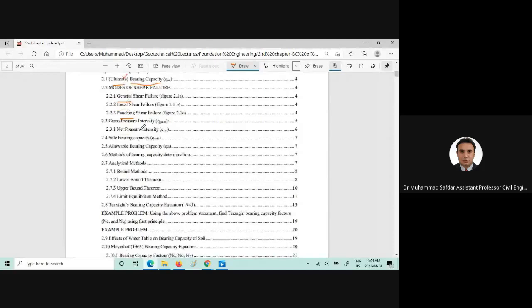Then there are a few terms which are very important and which will be used practically in examples and problems as well. So, what is the gross pressure intensity? Don't confuse yourself with the pressure intensity. So they are interchangeably used with the bearing capacity.